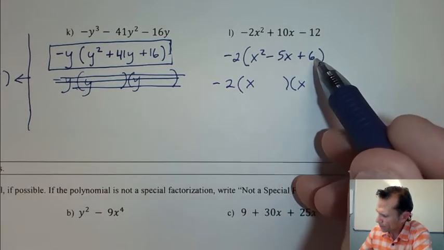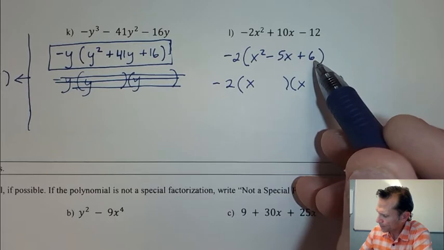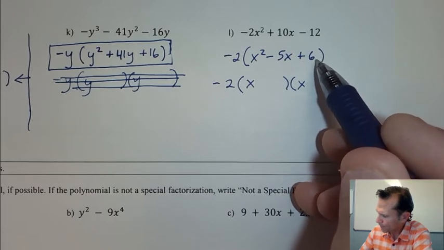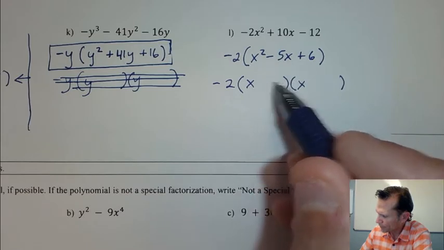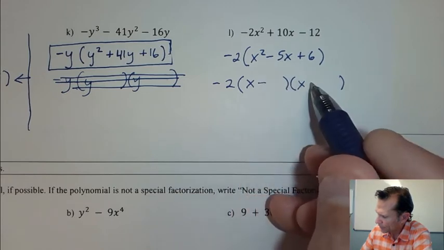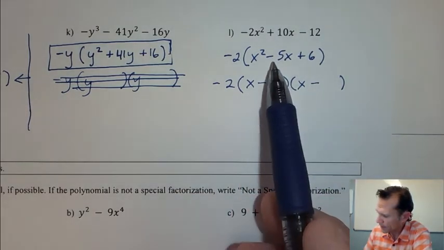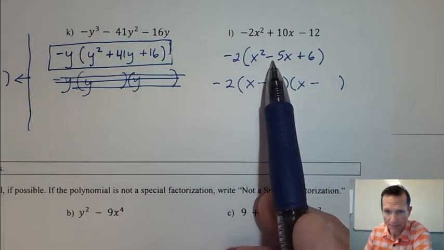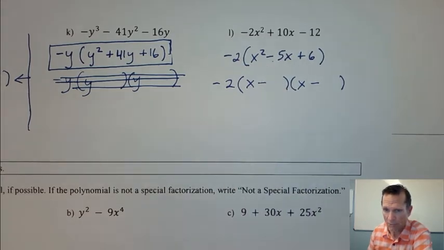The thing is, I know that this has to be a positive here, and so both of my signs are going to have to be negative, or both are going to have to be positive. Now, I know they're going to have to both be negative because I need to get a negative in the middle here. And that'll come with practice and doing more and more of these problems.